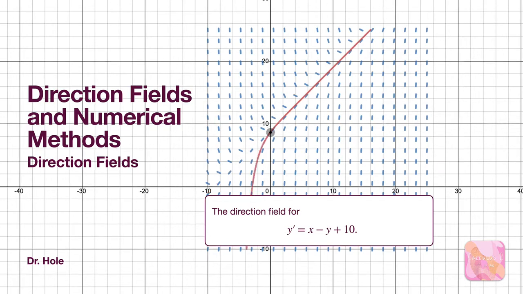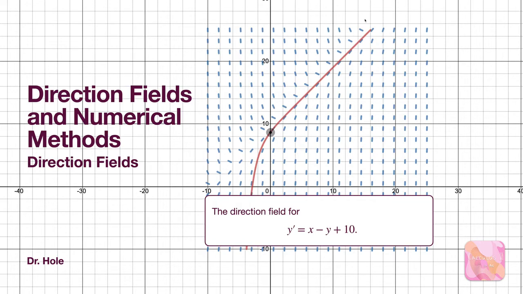On the other hand, if we were to change the y-coordinate to some value less than 9, and keep the x-coordinate 0, then y prime would be bigger than 1. In other words, moving away from that black dot with an instantaneous rate of change bigger than 1, we would move towards the previous line of slope 1.